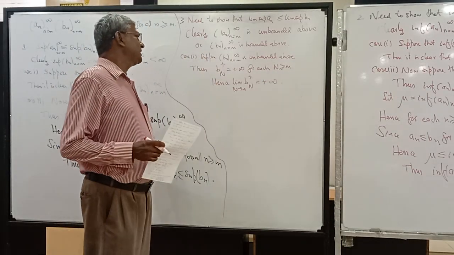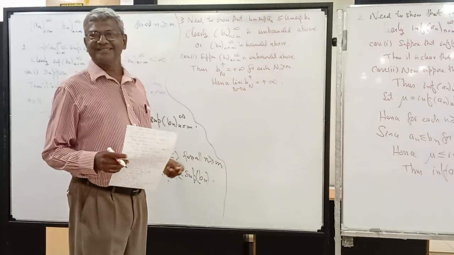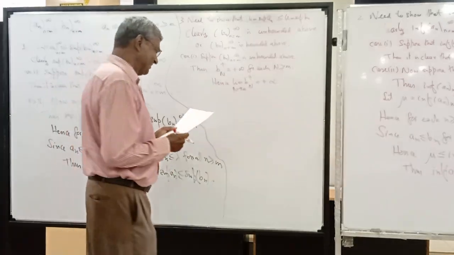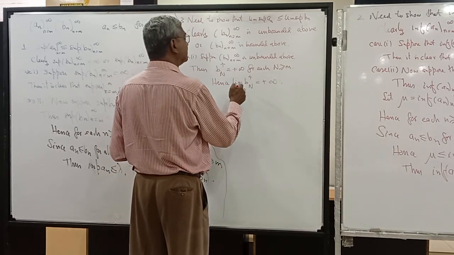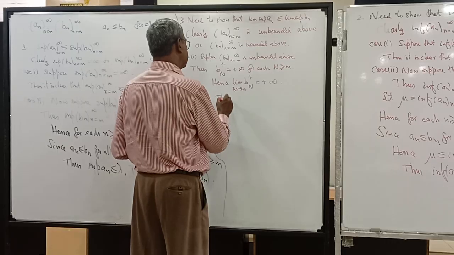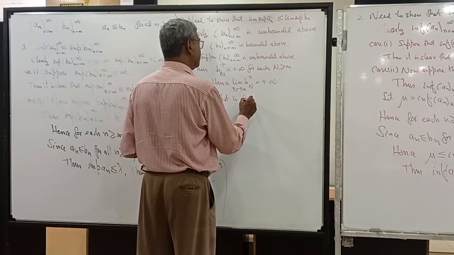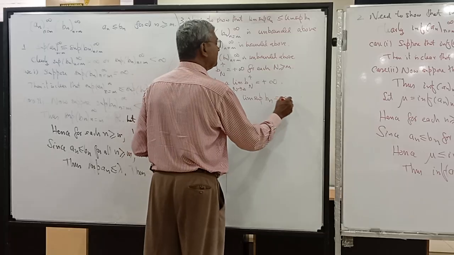Actually, I don't know whether we can write limit of infinity is infinity. So therefore, lim sup Bn is equal to infinity.